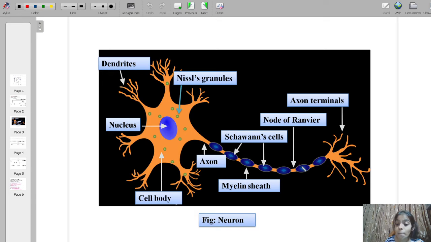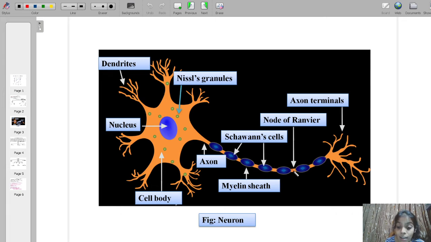Now you can see myelin sheath is not continuous, because if it becomes continuous, entire axon will be insulated and it will not be able to transmit any nerve impulse. So at certain intervals, myelin sheath is missing, like this. Over here, myelin sheath is not there.